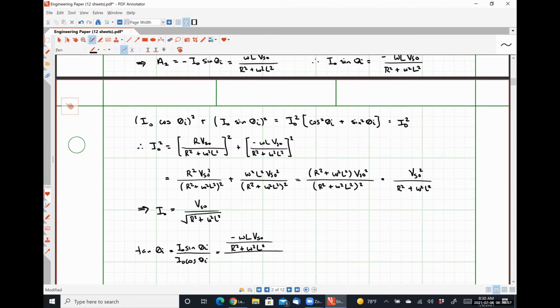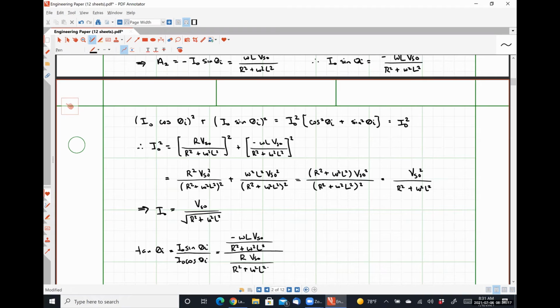And I naught cosine theta I is R times Vs naught divided by R squared plus omega squared L squared.